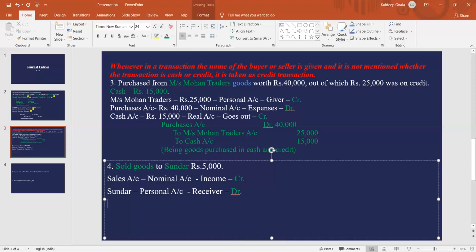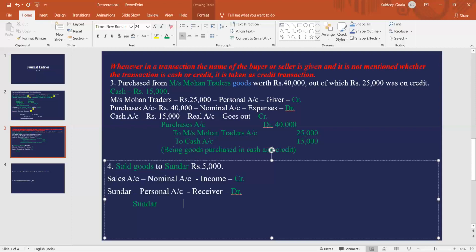Okay, so let's come to the next portion, that is what is the journal entry now. Out of this, what journal entry can we derive? We can say that Sundar will be debit, right? So I told you, if you want to add up account with the personal name, that is the name of person, then you should use apostrophe s, or else you can just write down Sundar. Okay, there's no problem.